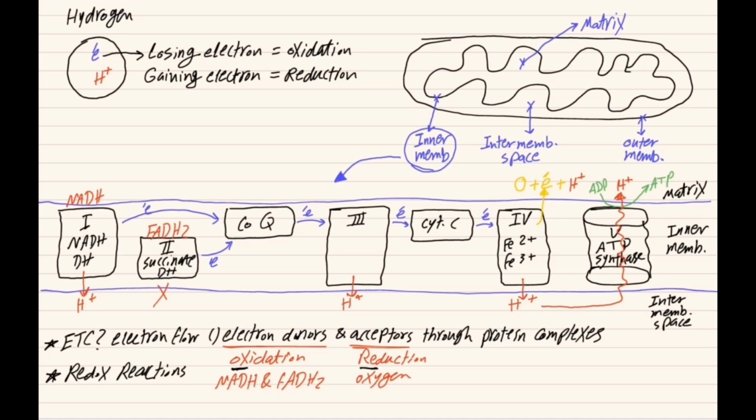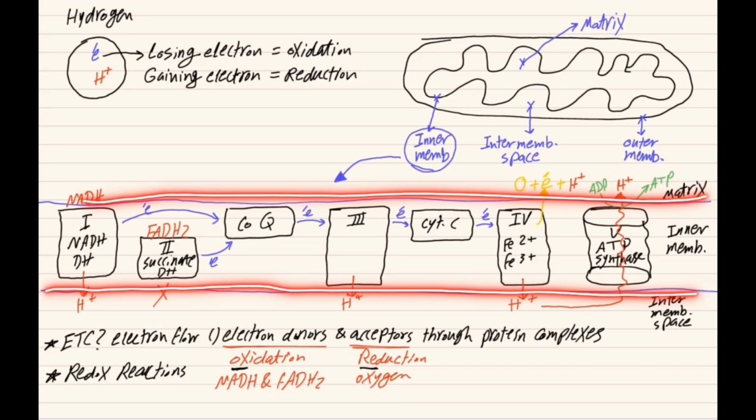As we said, these hydrogen atoms have 2 parts, a negative electron and a positive proton. We're gonna pass this negative electron to the next part of the chain, which is coenzyme Q or ubiquinone. And we just throw this positive proton into the intermembranous space. Keep in mind that the inner membrane of the mitochondria is impermeable to protons.